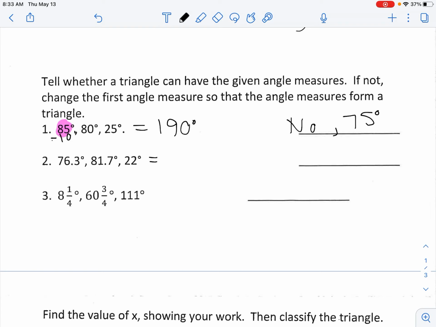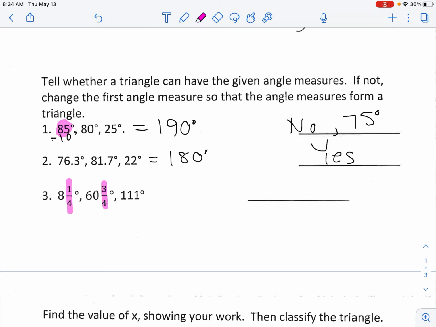Number 2, go to your calculator and add 76 3/10 plus 81 7/10 plus 22. On that one, you should get exactly 180 degrees. So yes, those angles would form a triangle. Okay, so this one looks a little bit different. We've got 8 1/4 plus 60 3/4 plus 111.